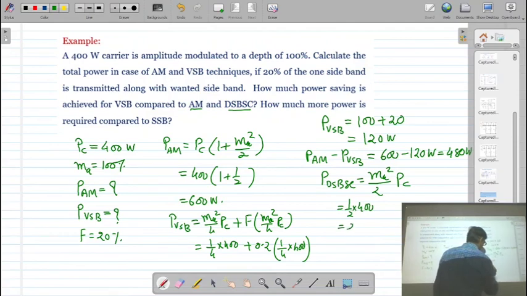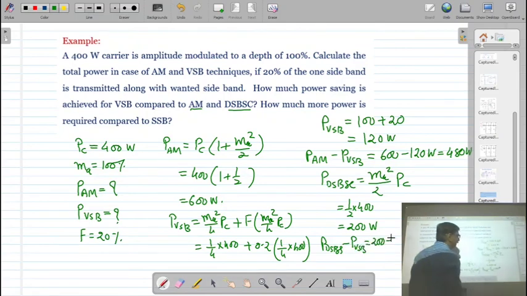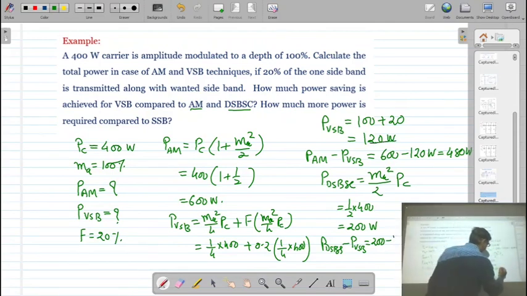So this is 200 watt. Power of the DSBSC is 200 watt. So how much saving is there? PDSBSC minus PVSB, so 200 minus PVSB, which we have calculated as 120. So 200 minus 120, and this is going to be 80 watt.